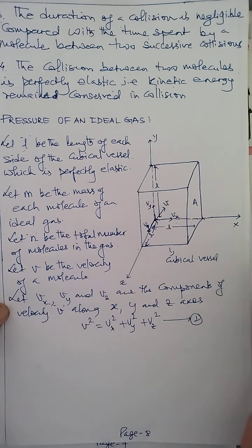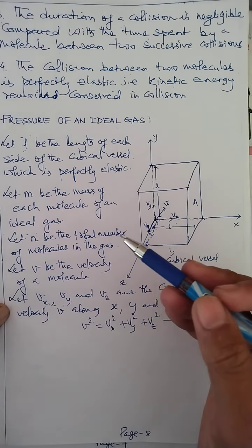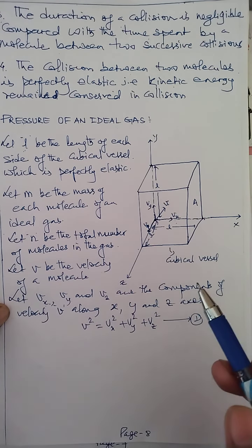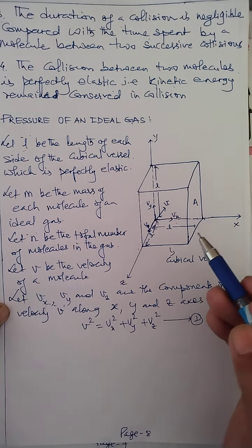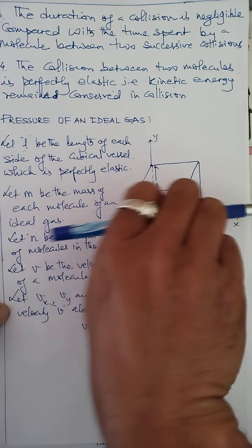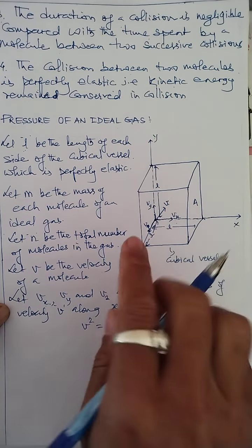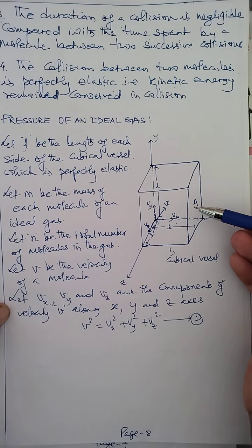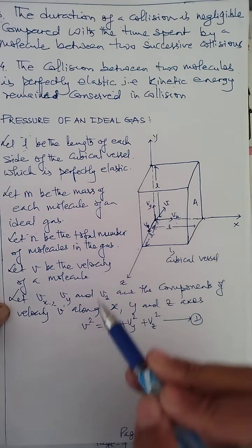When the collision takes place, that molecule will rebound or return back in such a way that its momentum will change. Remember, children, when one molecule collides with the wall, the momentum changes in the opposite direction, because if it moves in this direction, after collision it will move in the opposite direction. Along the positive x-axis it moves with velocity Bx, and when it returns back, it moves with the opposite velocity, so there is a change in momentum.